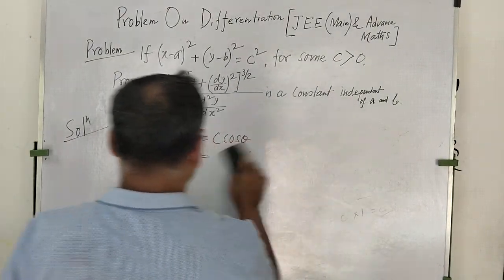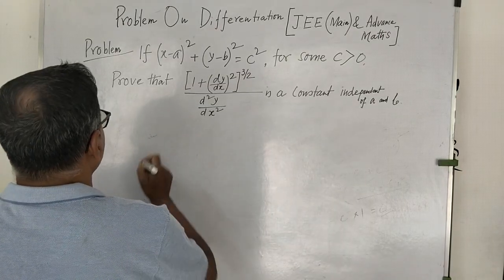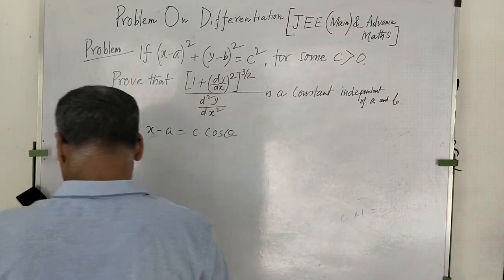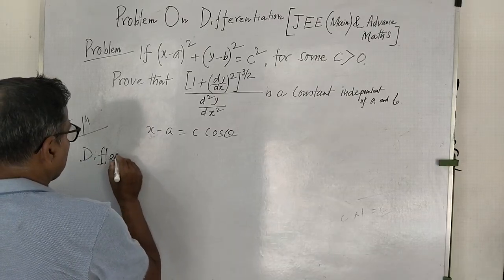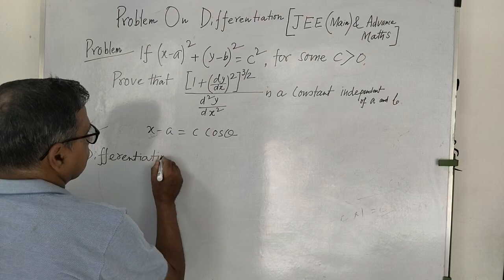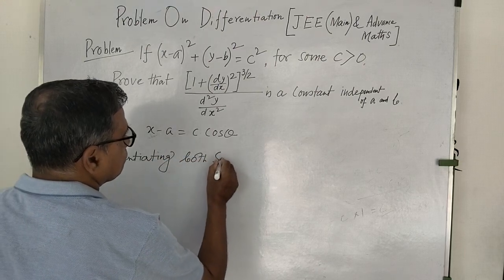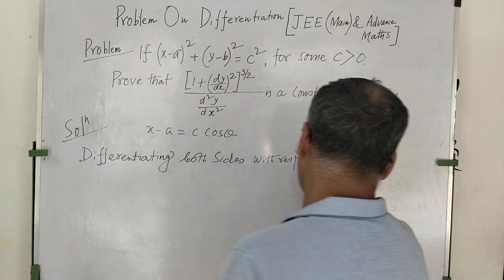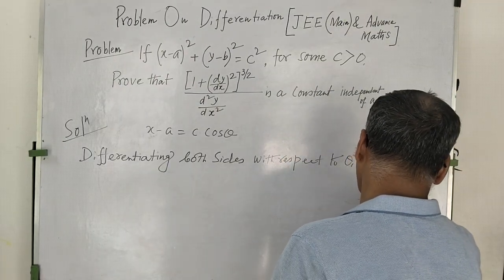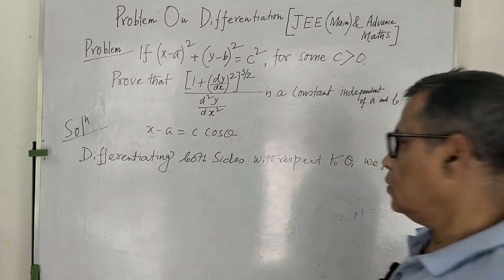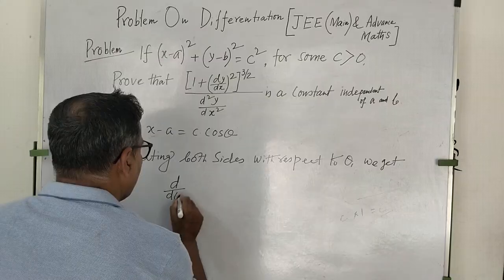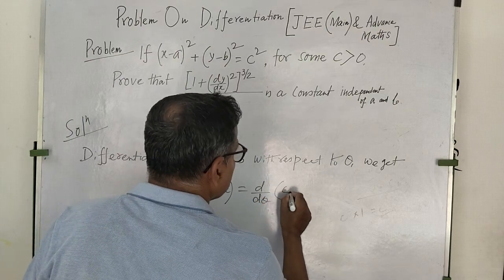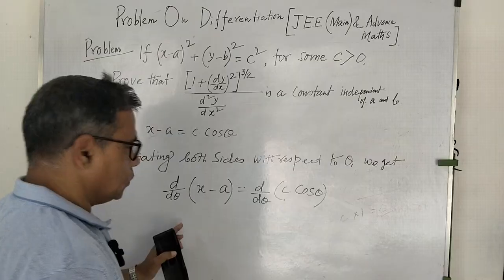Now, considering x − a = c cos θ, differentiating both sides with respect to θ, we get d/dθ of (x − a) equals d/dθ of c cos θ.